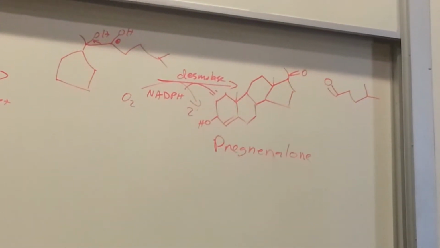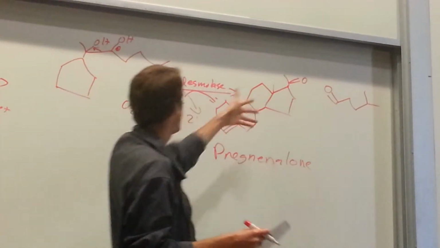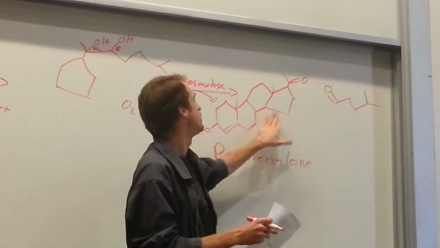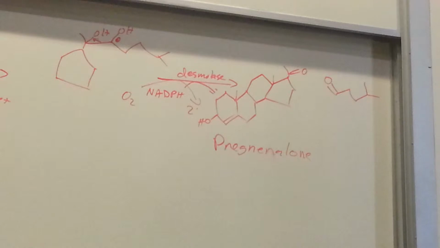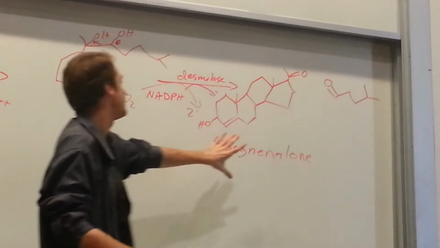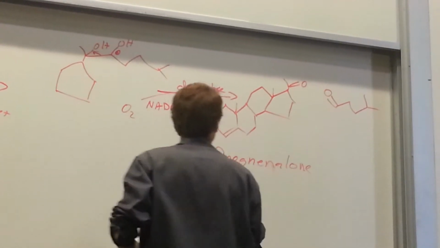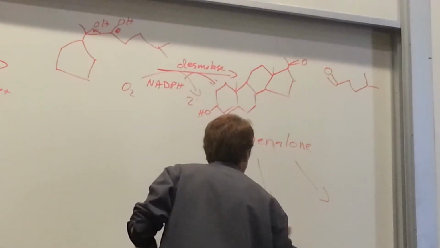All right? From here, if we want to make other hormones, we can do other tweaks. But all of them will revolve around making this a little more hydrophilic, or just changing it in some ways to allow it to be differentiated by different receptors. All right? So from here, we get converging pathways, all of them resulting in some kind of steroid.